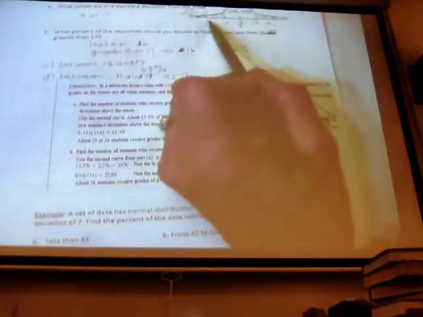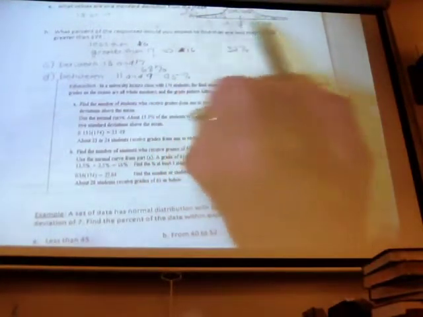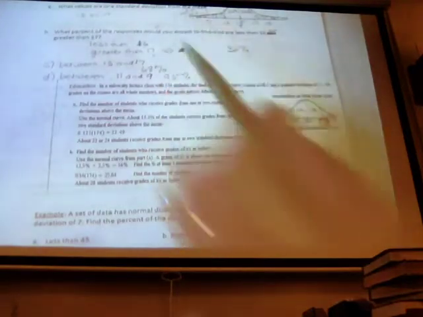What would that be? 95. It's always 95. You add them, because it's between the two standard deviations. Two standard deviations to the left and to the right is always 95%.